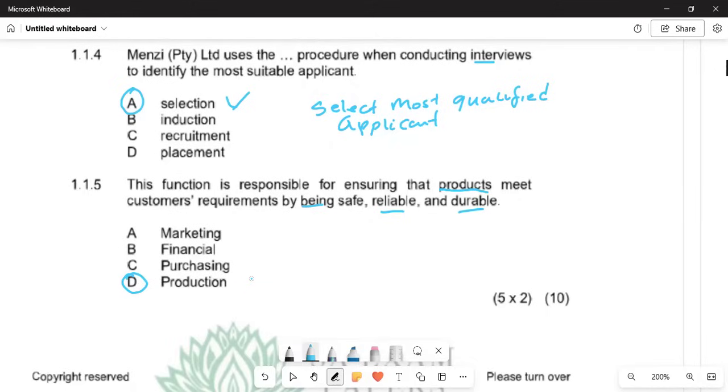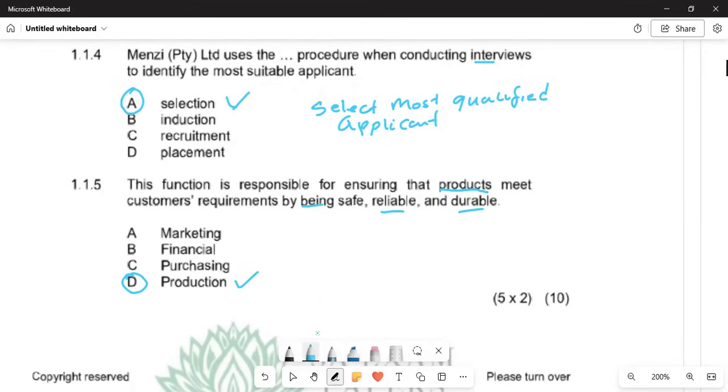They are the ones who make sure that the product is going to be of quality, very safe, and not harmful to the end users or customers. It's going to be a reliable and durable product, whereby it can last for longer. So the correct answer is production.